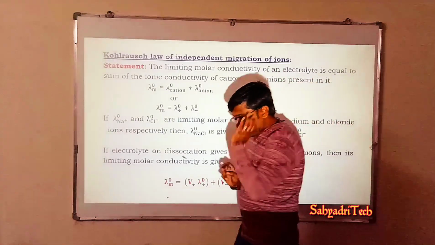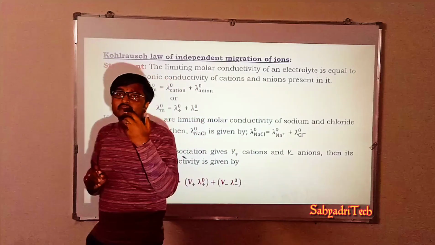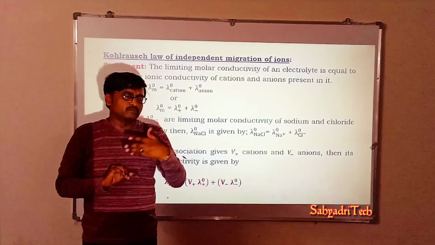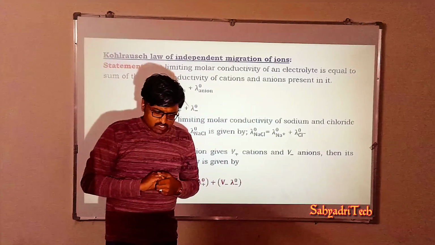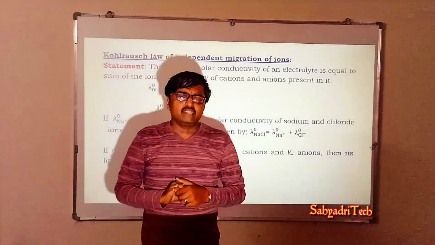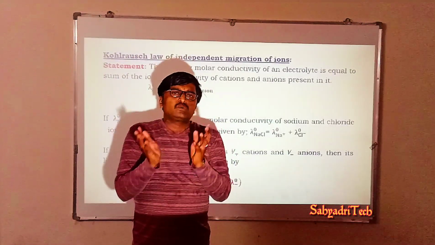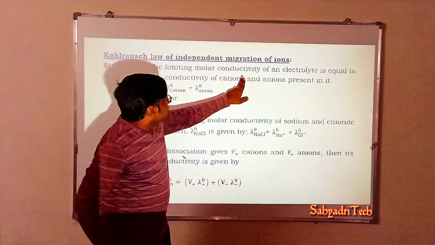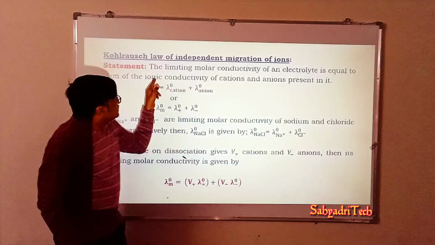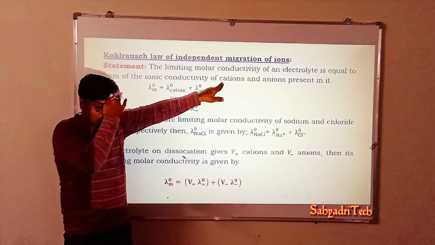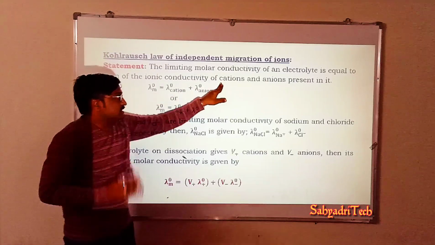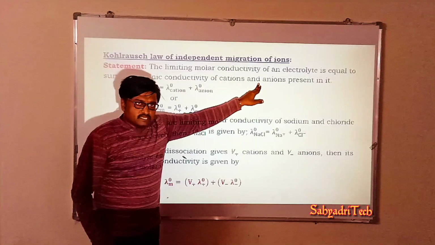So according to the law, if I want to measure the limiting molar conductivity of an electrolyte, what we have to do is add the ionic conductivities of all the cations and anions present in it.